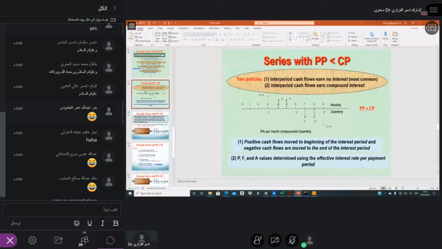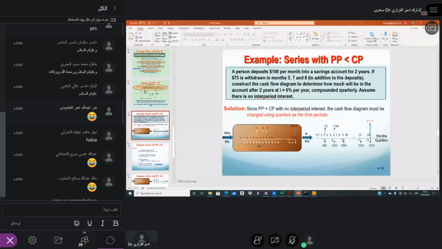And once you do that, you can calculate P, F, and A values using the effective interest rate per payment period. We will look at all this in the example on the next page, and things will be clear to you when we look at the example.